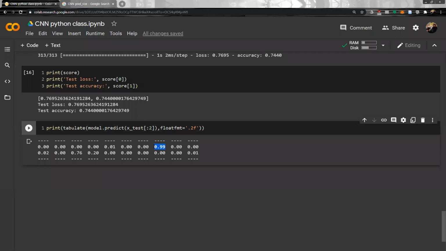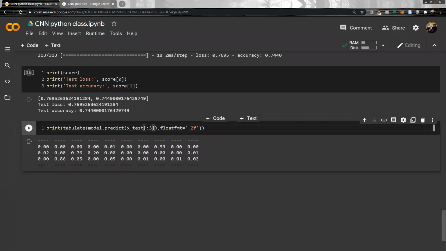The first one is 7. And then for the second image, 76% is 2, and like 20% it is 3.